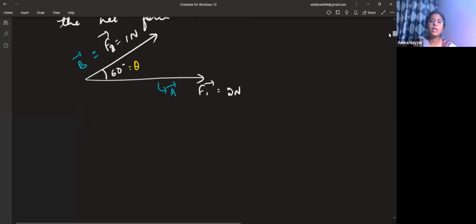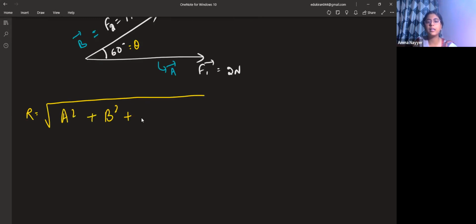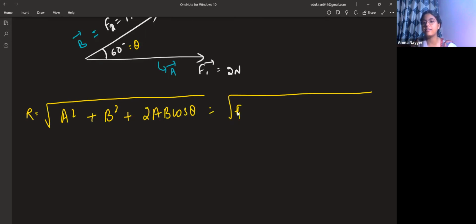The general formula for the magnitude of the resultant is under root A square plus B square plus 2AB cos theta. In terms of forces, I can write this as F1 square plus F2 square plus 2 F1 F2 cos theta.